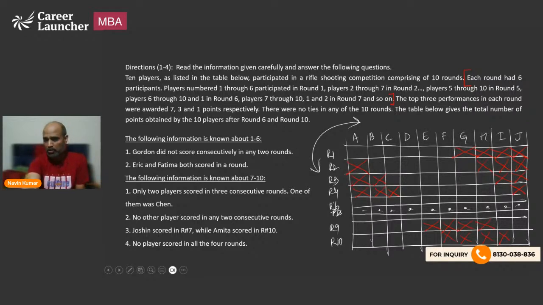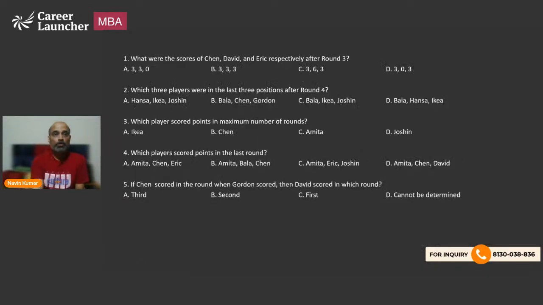Now let's look at the questions also as to, what is the level of difficulty? Are we going to have cases, or it's like only one possibility exists? So what were the scores of Chen, David, and Eric respectively after round 3? Definite. Which 3 players were in the last 3 positions after round 4? Definite. Which player scored points in maximum number of rounds? Definite. Which player scored points in the last round? Definite. If Chen scored in the round where Gordon scored, then David scored in which round?